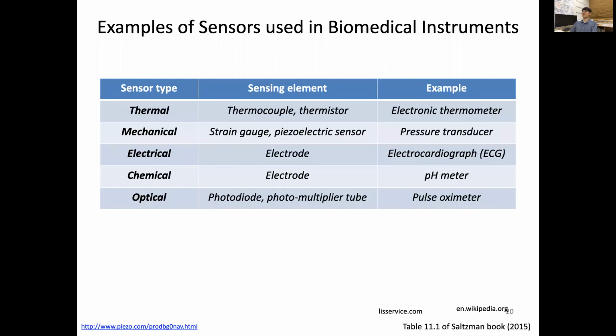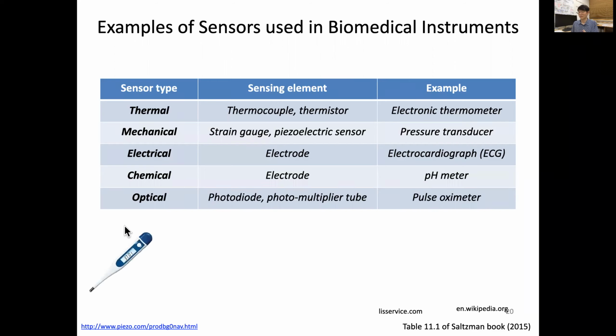So let's first discuss the sensors used in biomedical instruments. There are different kinds of sensor types: thermal sensors, mechanical sensors, electrical sensors, chemical sensors, and optical sensors. And there will be a sensing element, and I'll give you some examples. So first, thermal sensor. For the sensing element, you may have heard about a thermocouple and also a thermistor.